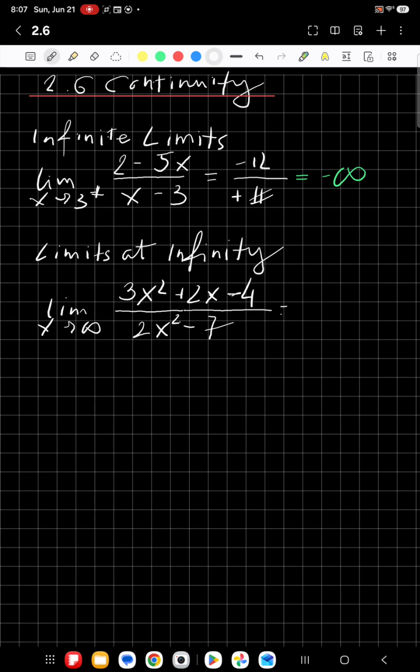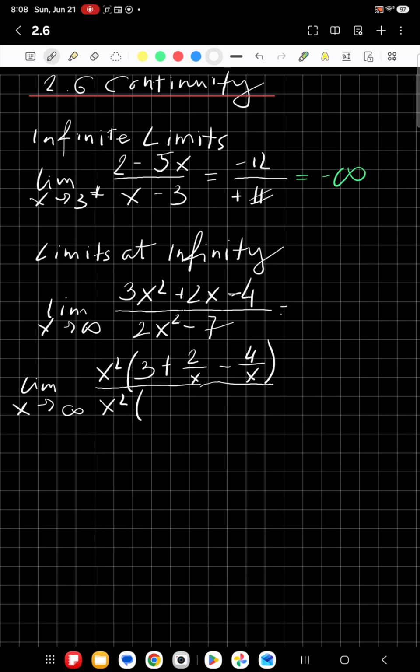Okay, I think maybe the simplest way to solve it would be to factor that x squared out. Infinity, so we'll have x squared, then I'll have 3, plus, after I simplify it, I'm going to get 2 over x minus 4 over x squared. Okay, and then the bottom is x squared again, from parentheses, 2 minus 7 over x squared.